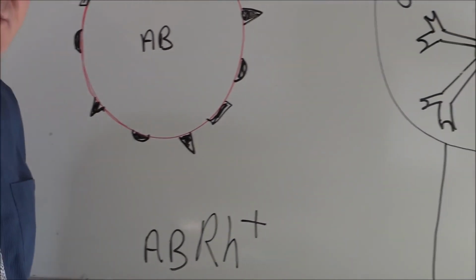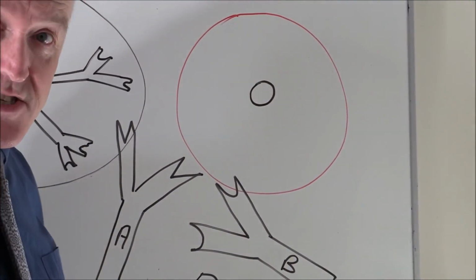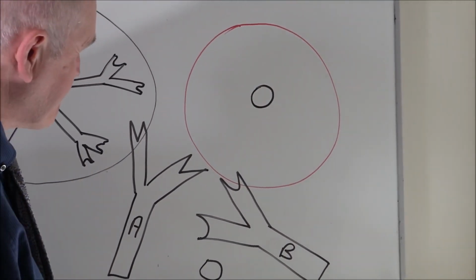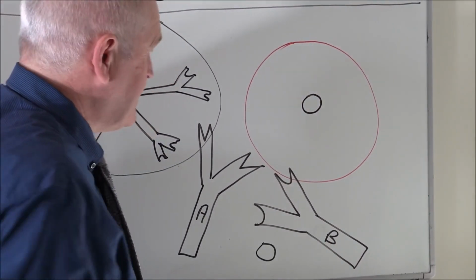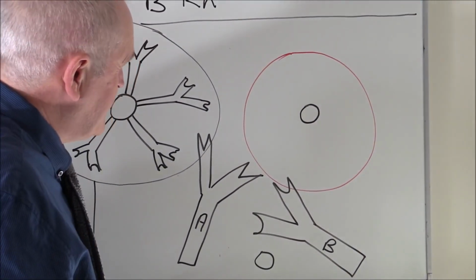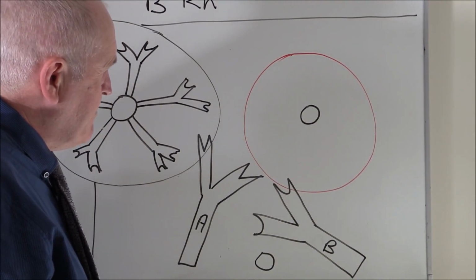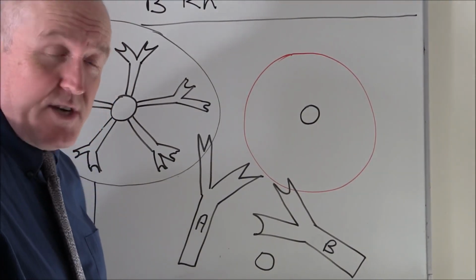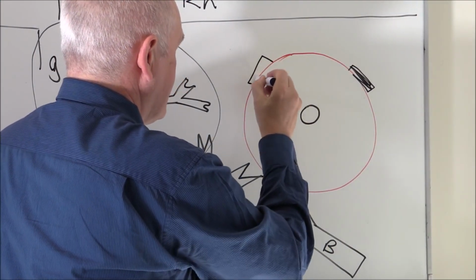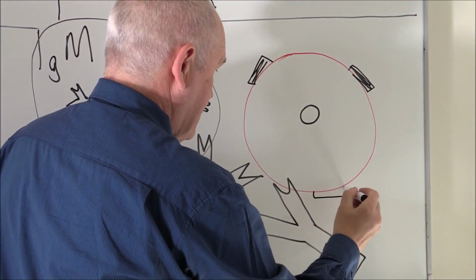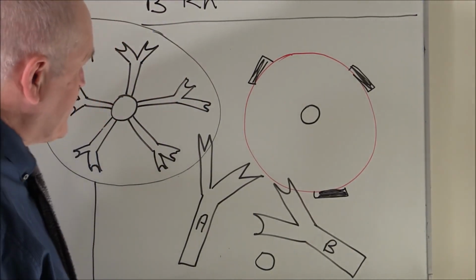And finally, with the blood group O, we notice there are no antigens on the surface of the erythrocyte. So at the moment, there are no Rhesus factor antigens. So this is diagrammatically illustrating someone who is Rhesus negative. But if you want to diagrammatically represent someone as Rhesus positive, now we see that there are the Rhesus factor antigens on the surface of the cell. So this person is now O Rhesus positive.